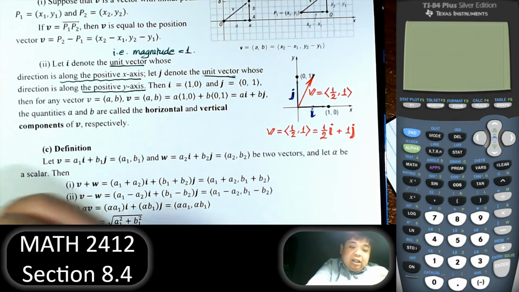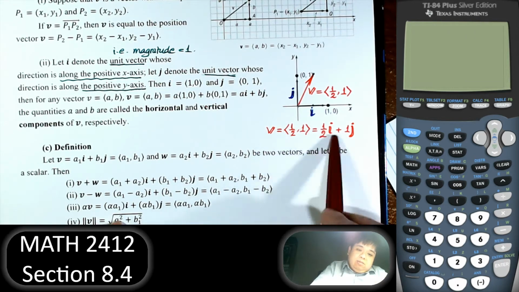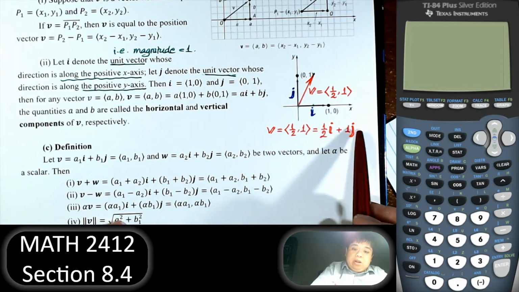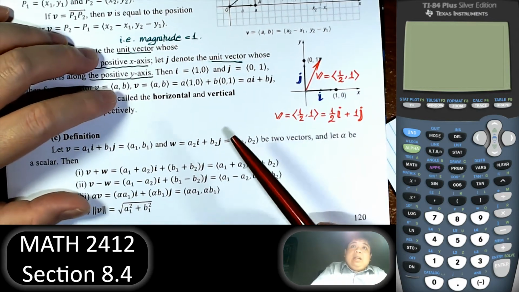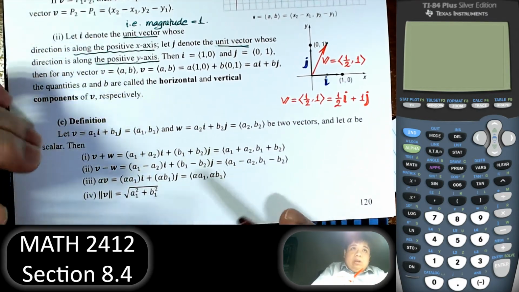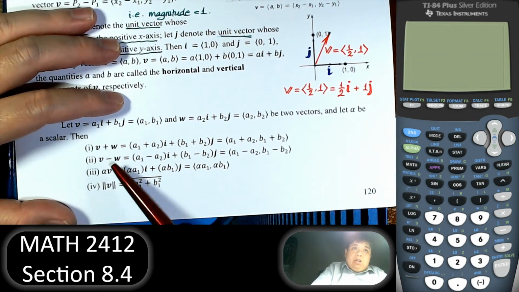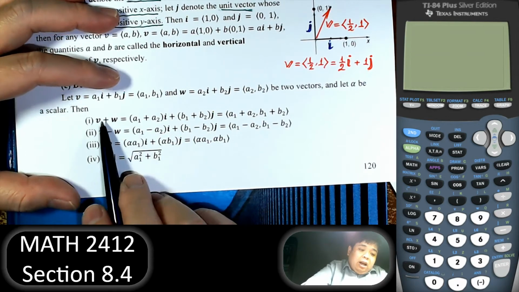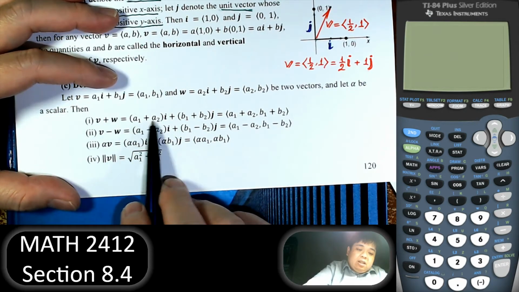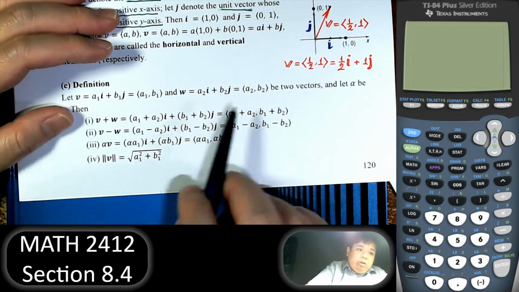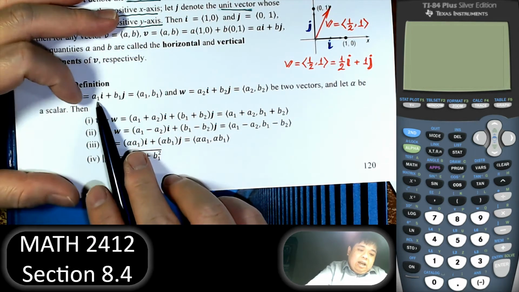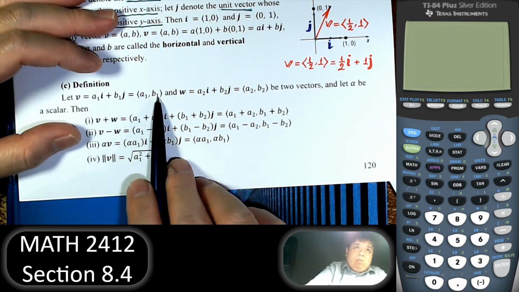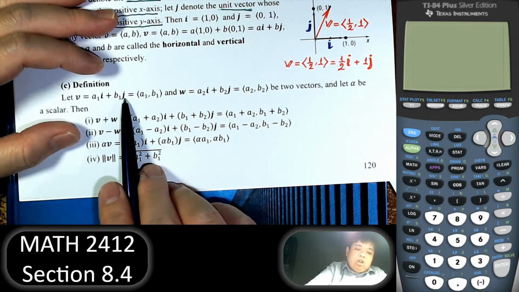Next, when we write a vector in algebraic representation, either in angular bracket notation or ij components, it will be a lot easier if we do the sum or the scalar multiplication. The sum of two vectors is the sum of the components. So if vector v has the components (a1, b1), you can write a1, b1 in the angular bracket, or a1 i plus b1 j.